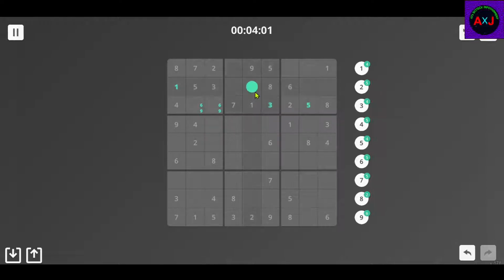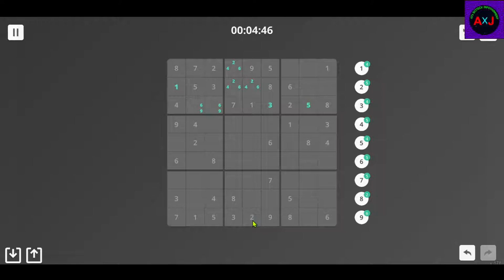Now consider the second subgrid. Here the options would be 2, 4, 6 for the empty cells. After this, we check the rows and the columns.